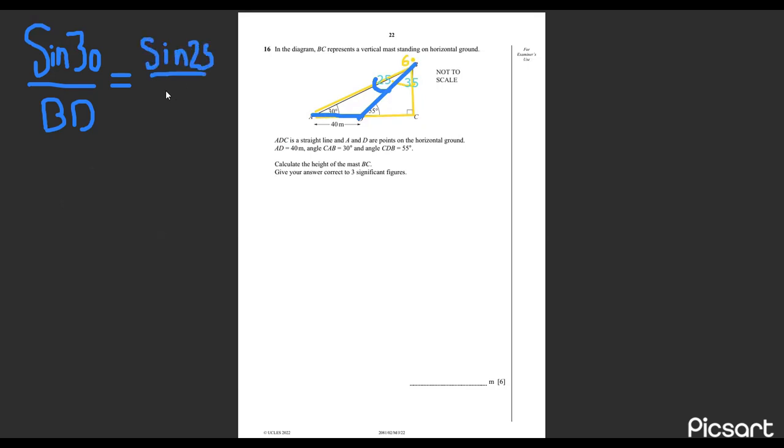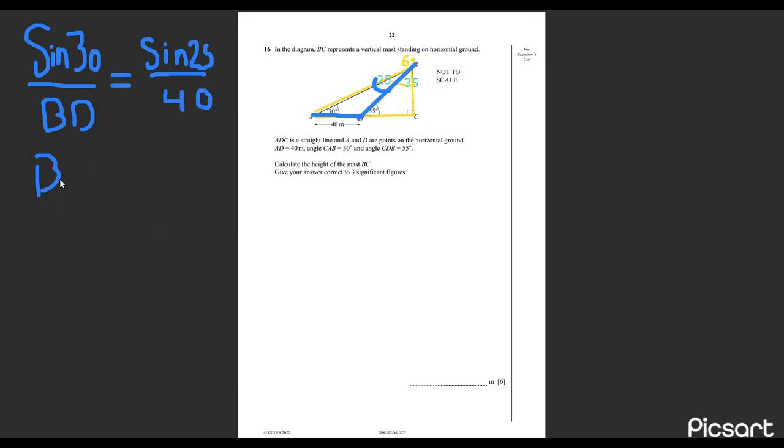So we say sine 30 over PD will be equal to sine 25 over 40.